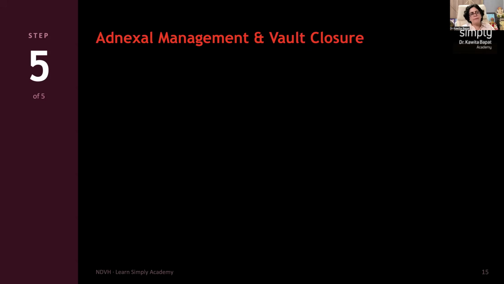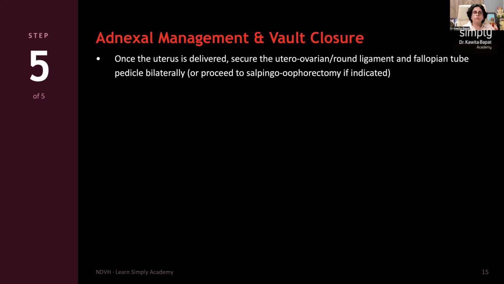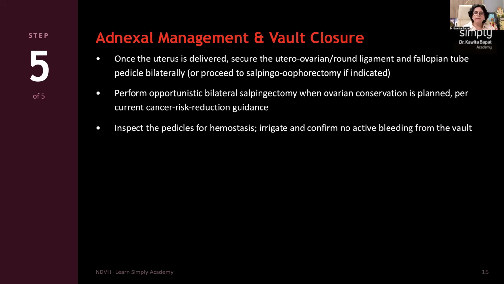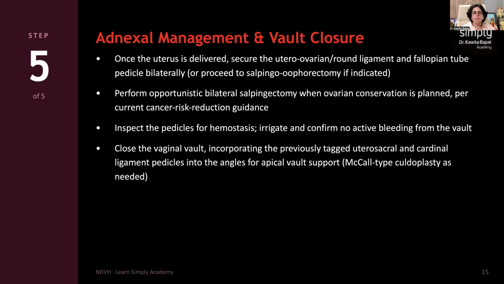Now, the fifth step is adnexal management and vault closure. Once the uterus is delivered, secure the utero-ovarian ligament, round ligament and the fallopian tube bilaterally, and proceed to salpingo-oophorectomy if needed. Perform opportunistic bilateral salpingectomy when ovarian conservation is planned, for cancer risk reduction. Inspect the pedicles for hemostasis, irrigate, and confirm no active bleeding from the vault.